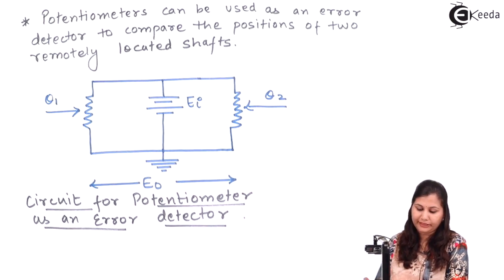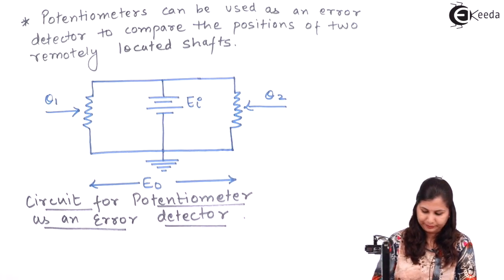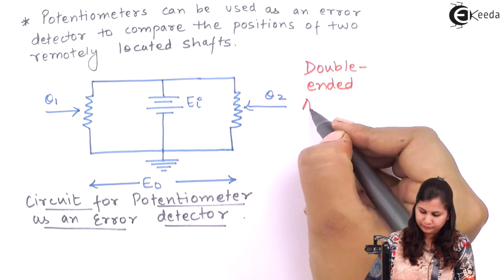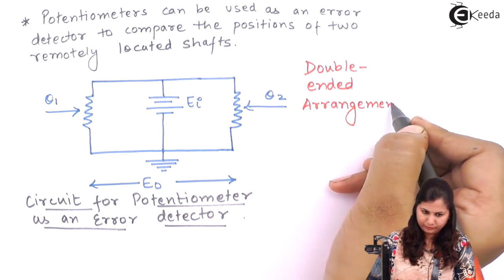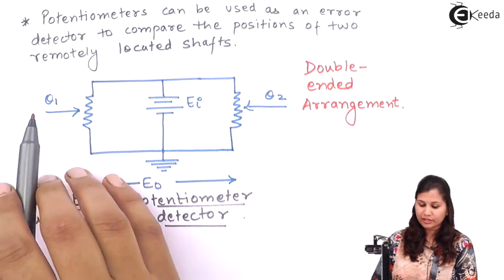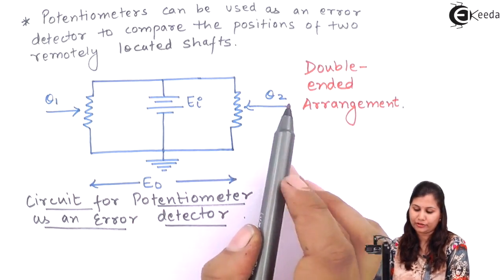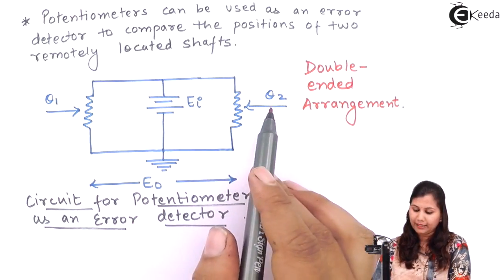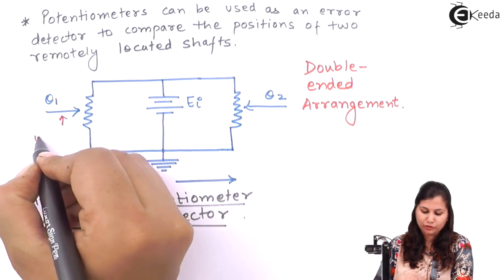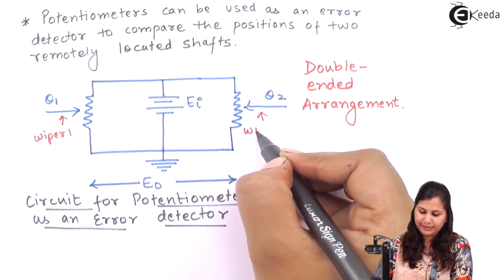Now this type of arrangement is known as double-ended arrangement, because we have connected two shafts here. The first shaft has the displacement theta1 and the second shaft has the displacement theta2. This means this is the position of the first wiper and this is the position of the second wiper.